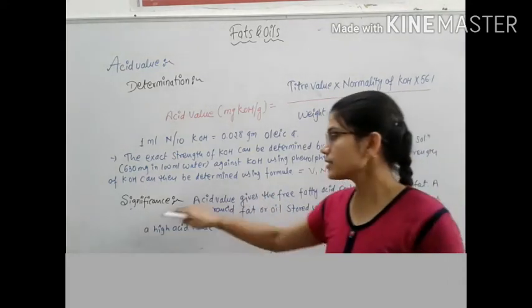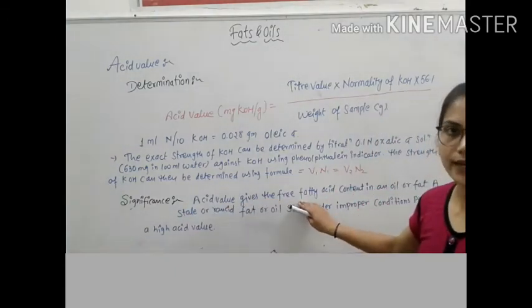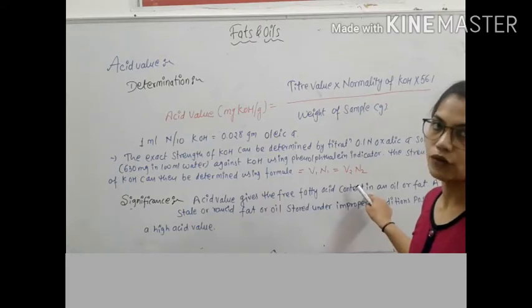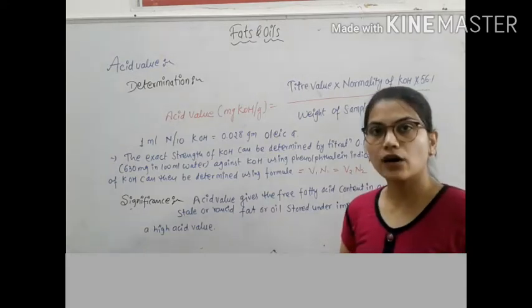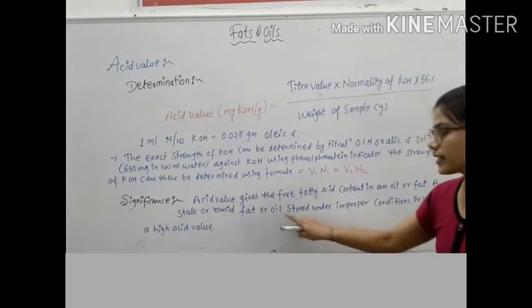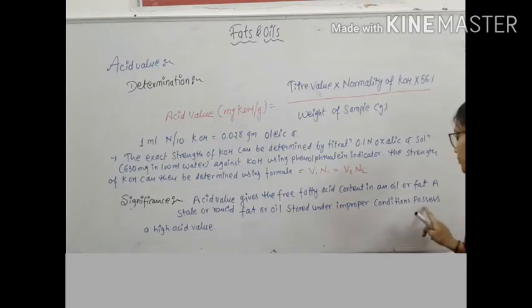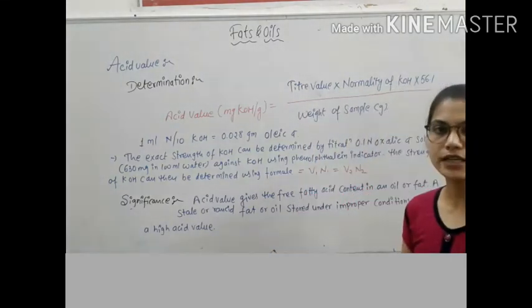The next point is significance of acid value. Acid value gives the free fatty acid content in an oil or fat. Stale or rancid fats or oils stored under improper conditions possess a high acid value. This is the acid value.